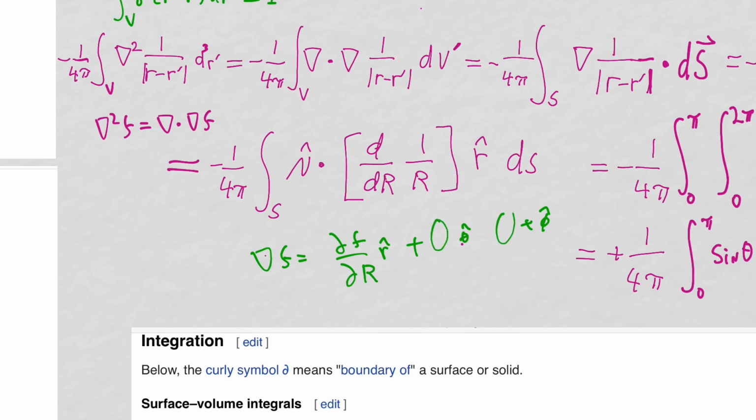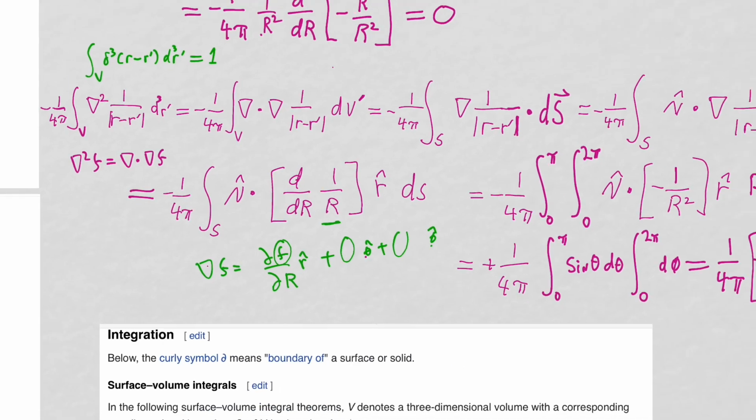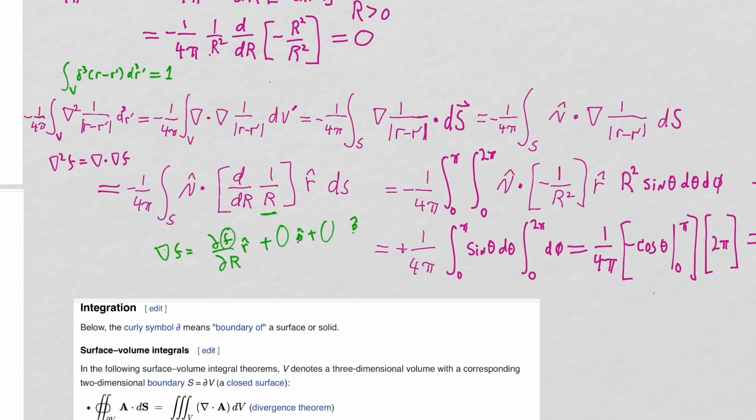These parts have derivatives with respect to theta and phi, and those will be 0 because f in our case is just 1 over r, and those don't depend on theta and phi.